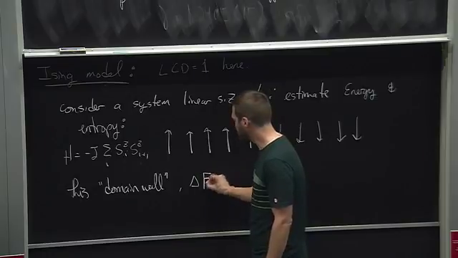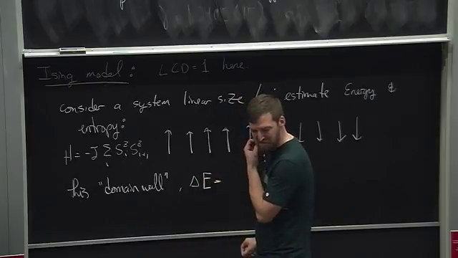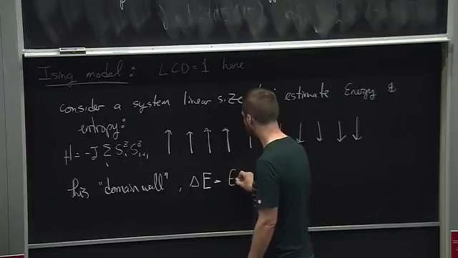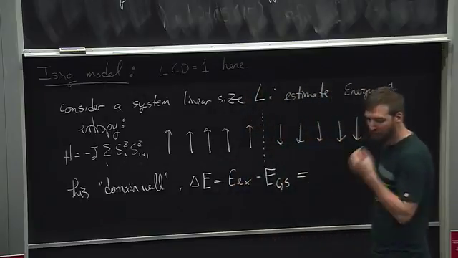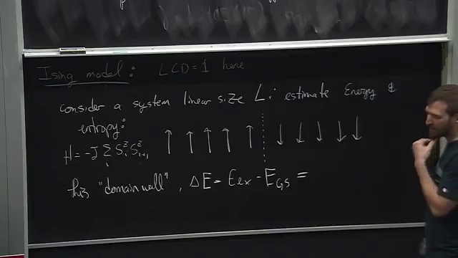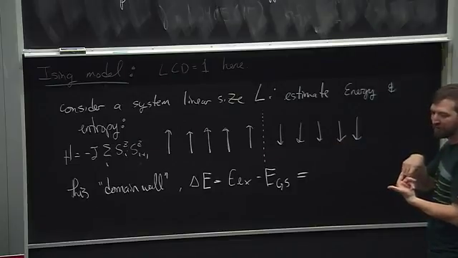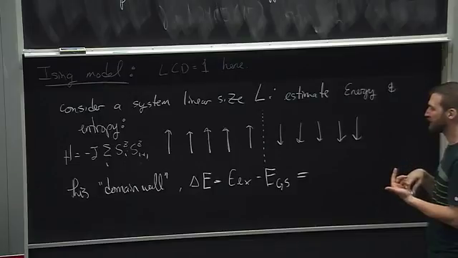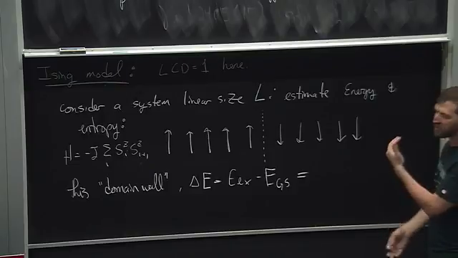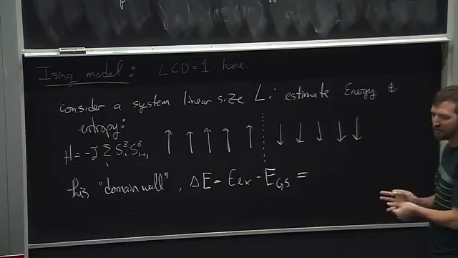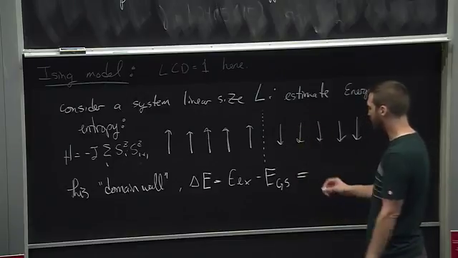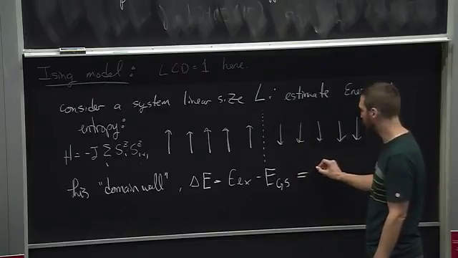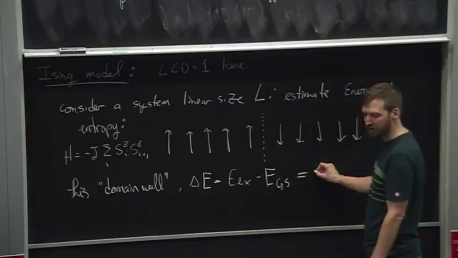So the change in energy in the system, which is the energy of the excitation, I would say, minus the energy of the ground state. It's just that bond term here, so it's just basically a constant. But if you imagine this domain wall in higher dimensions, then if it extended just in one of these planes, say, or one of these dimensions, I would imagine this would go as L to the d minus 1.